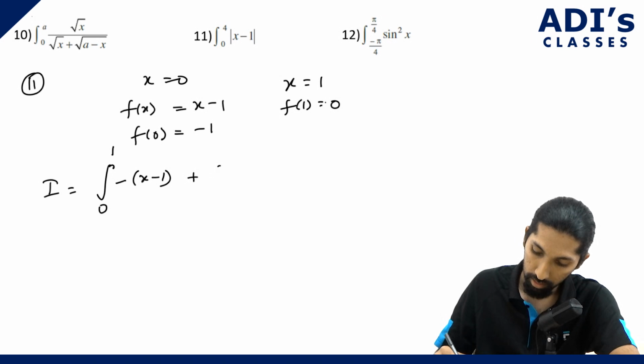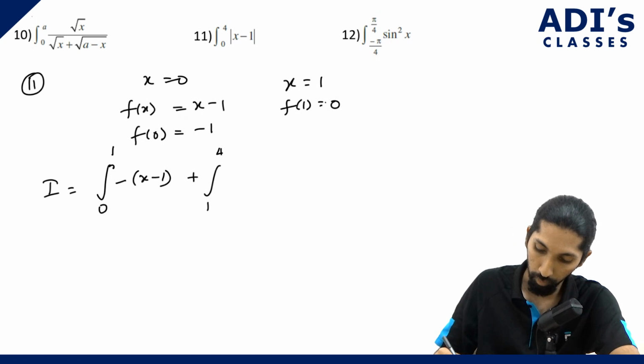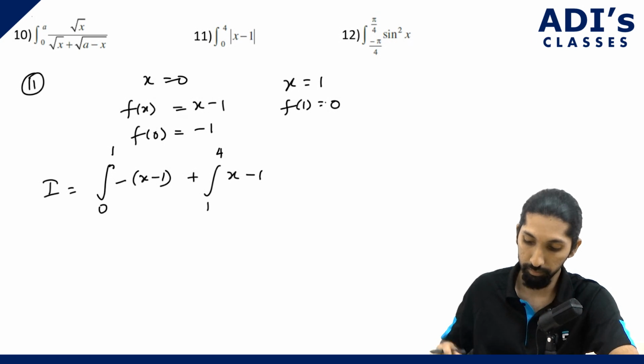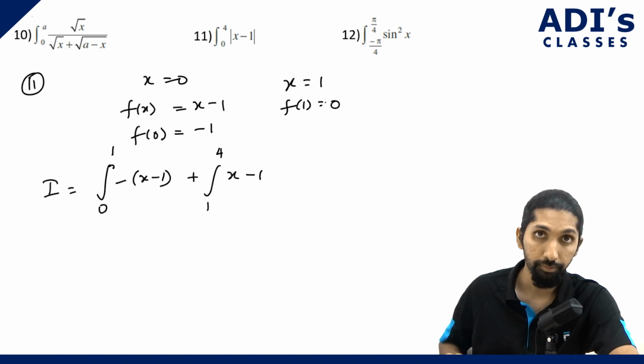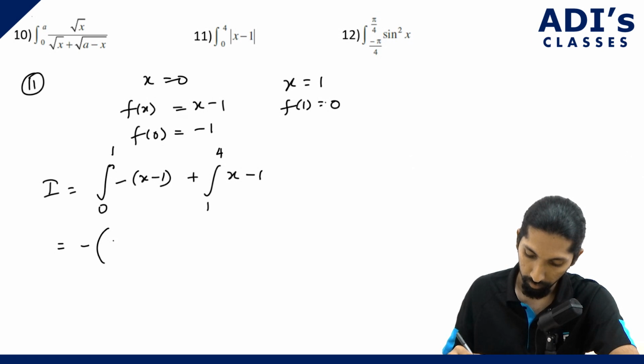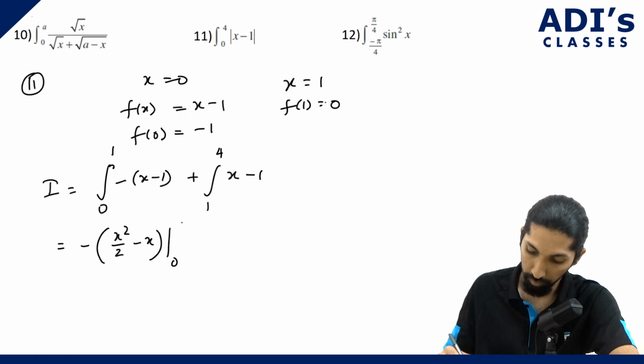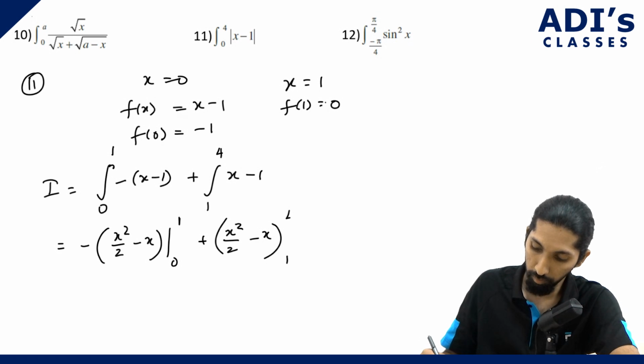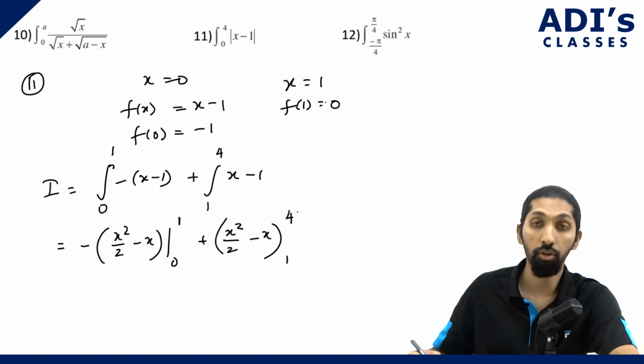Plus integral 1 to 4 of x minus 1. Fair enough? So this is going to be minus of x square by 2 minus x from 0 to 1 plus x square by 2 minus x from 1 to 4. If you know this, you will be able to answer.